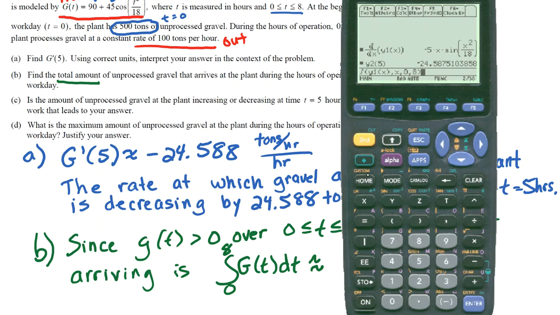And I'm going to do green diamond, enter. And then we're going to transfer that. That's going to be the number of tons that have arrived during the day. So I'm just going to pause while I write that answer.